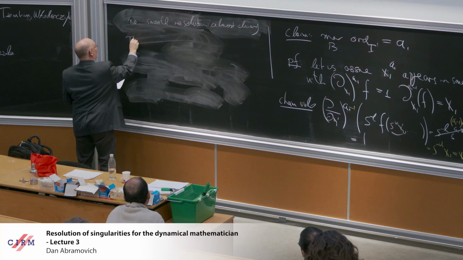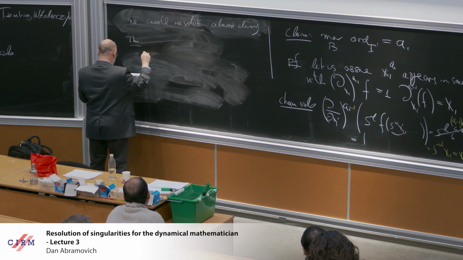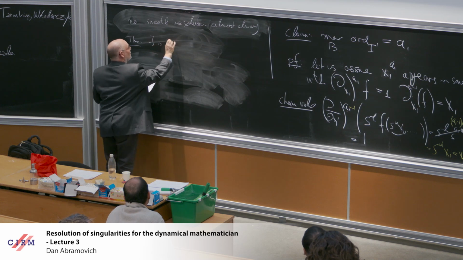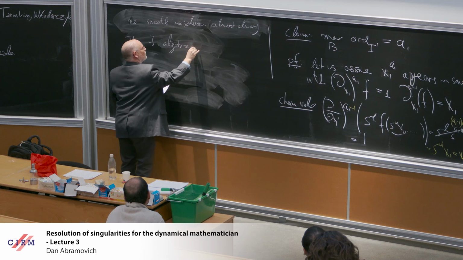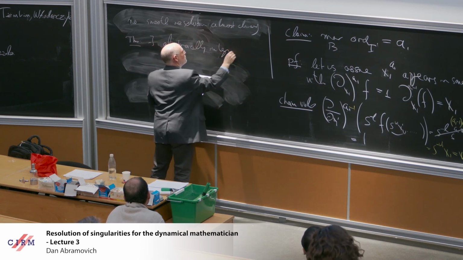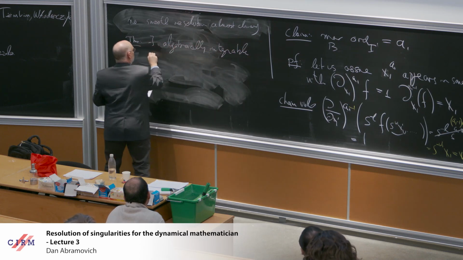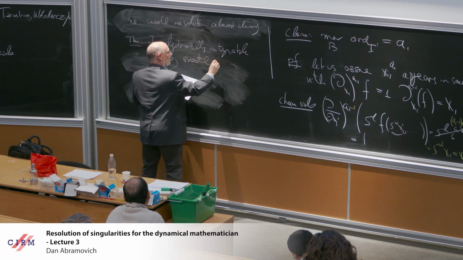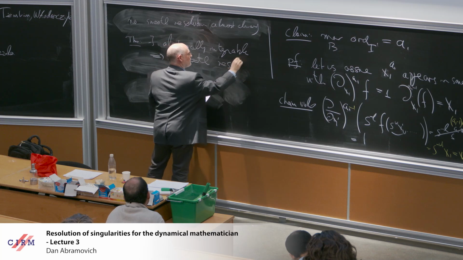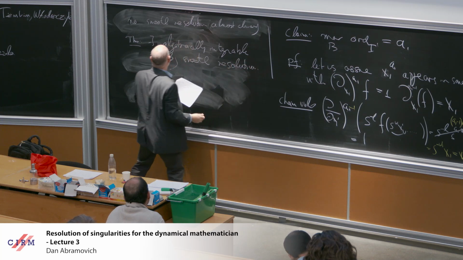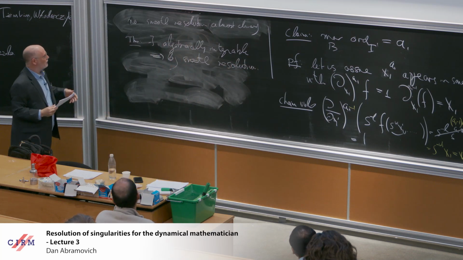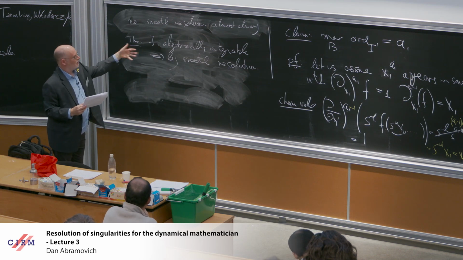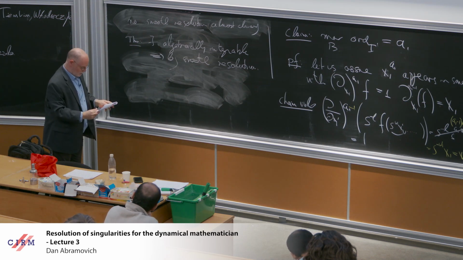So there is a theorem which says that if F is birational, is algebraically integrable, then there is a log smooth resolution. So you can deduce this from resolution of morphisms, but in our paper this is part of a more general result.